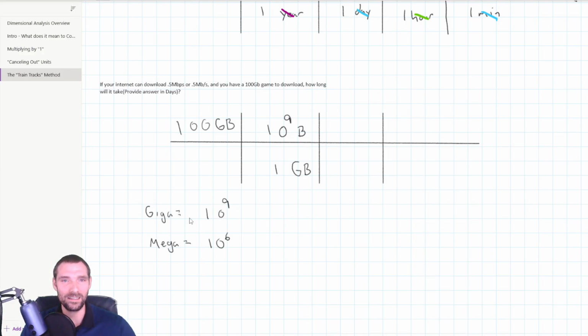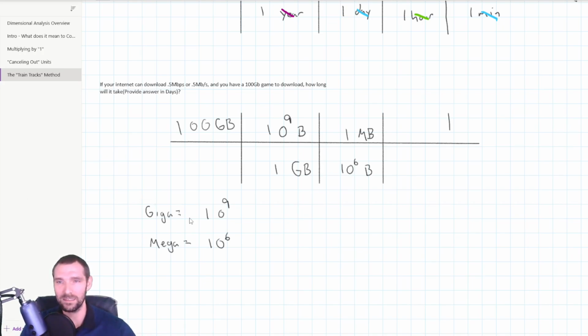And let's say that we're trying to convert using this megabytes per second. And so we've got our bytes to our megabytes. I think this is supposed to be a lowercase actually, but we're going to work with it. It's fine. So in 1 megabyte, there's 10 up to the 6th power bytes. There's a lot.